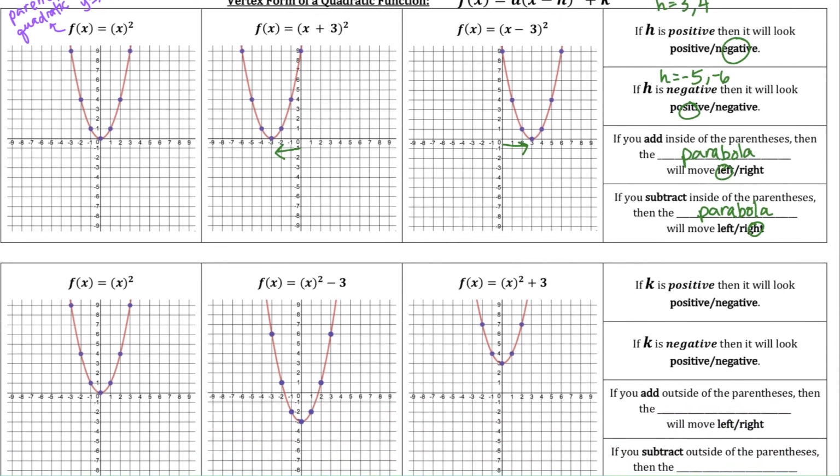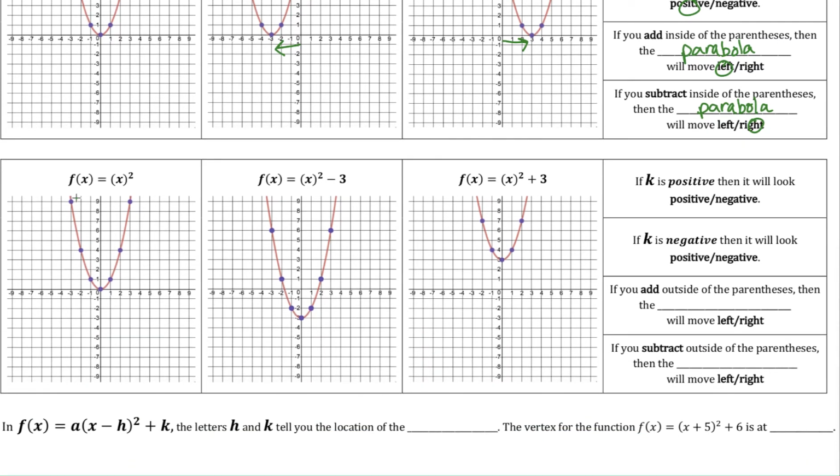All right, let's look down here. So parent function again, y equals x squared. But this time we subtracted outside the parentheses, and added outside the parentheses. If you notice, we start here, but this one looks bigger and this one looks smaller, only because I translated it down into the frame, and this one I moved up.